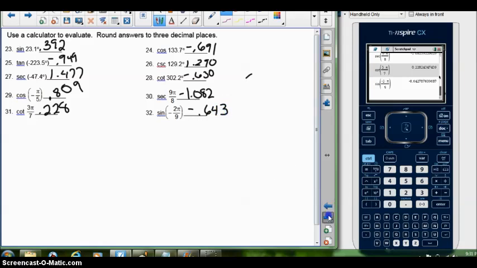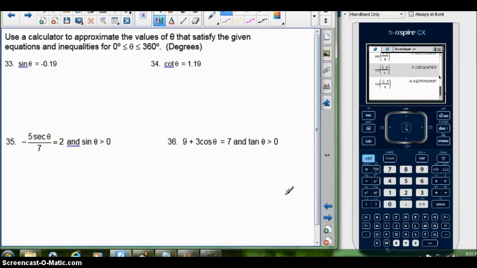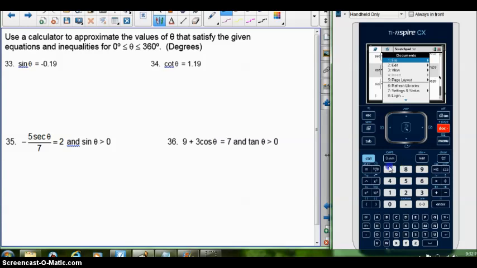All right. So use a calculator to approximate the values of theta that satisfy the given equations for 0 to 360, which is degrees. So I've got to go back, reset my calculator for degrees.